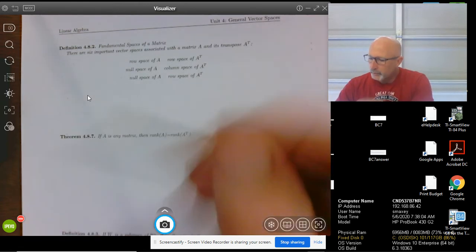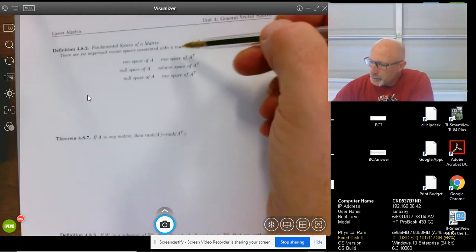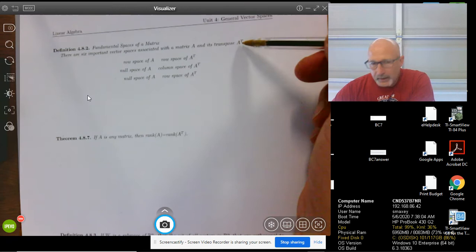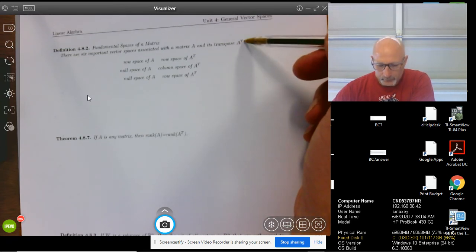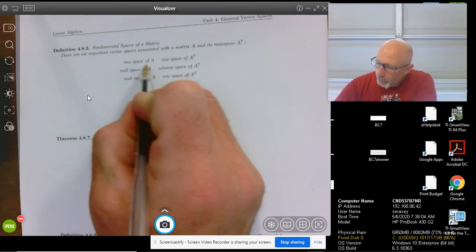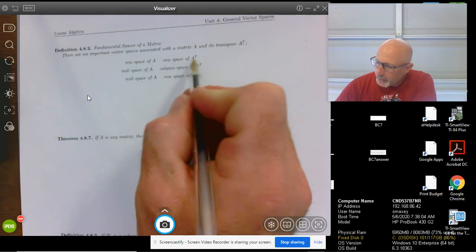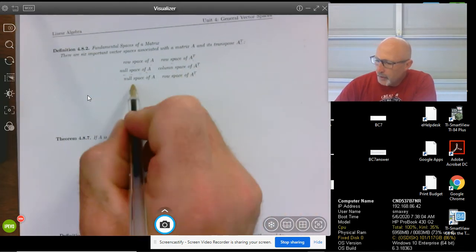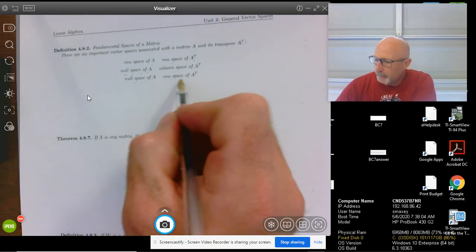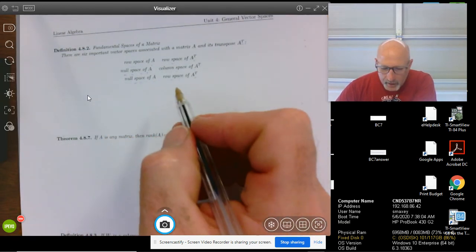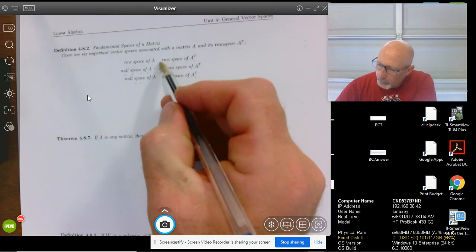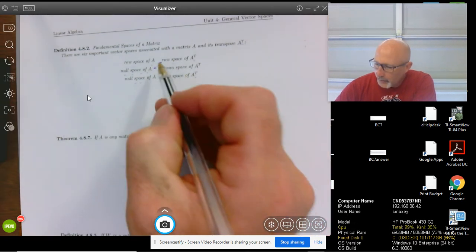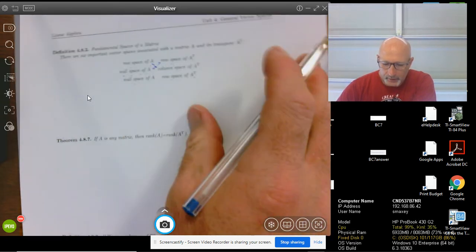There are 6 important vector spaces associated with matrix A and the transpose of A: the row space of A, the column space of A, the null space of A, and the row space, column space and null space of A transpose. But I know that these two right here are really the same thing, and then these two are really the same thing.